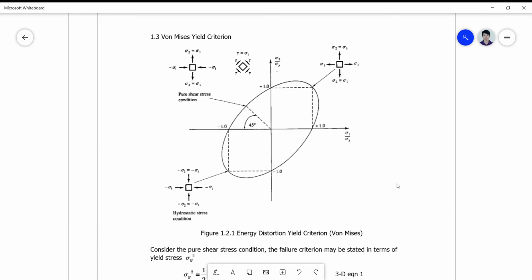Our topic for discussion today is about the von Mises yield criterion, also known as the energy distortion yield criterion.